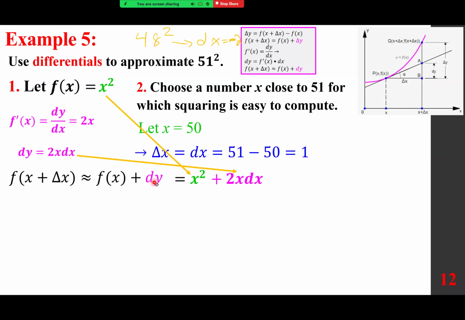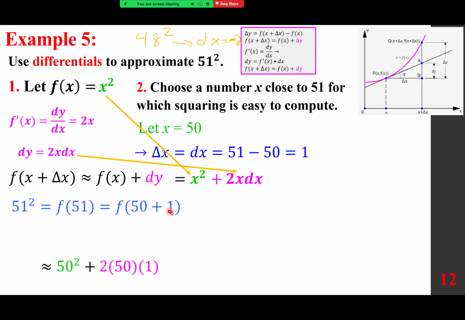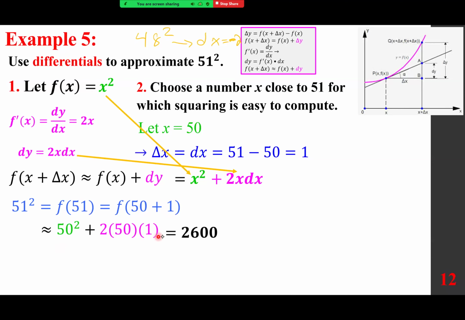And now we are ready to find 51 squared, which means f of 51, or f of 50 plus 1, which means into this formula, you replace the x with 50, dx with 1. Obviously, this is 2,500, this is 100, they add up to 2,600.